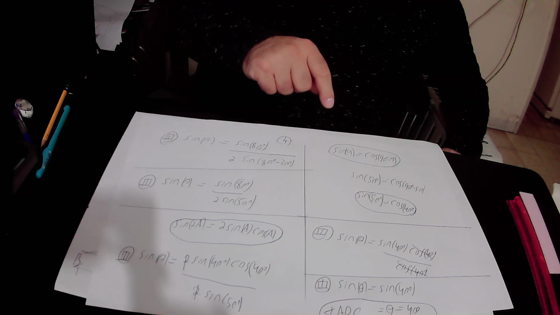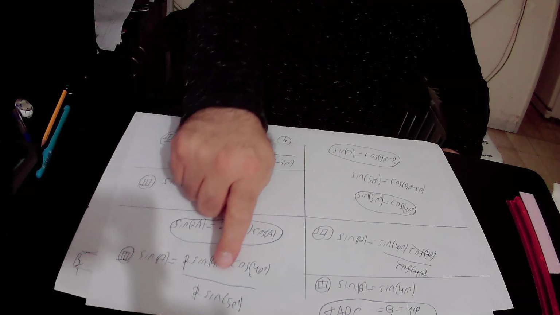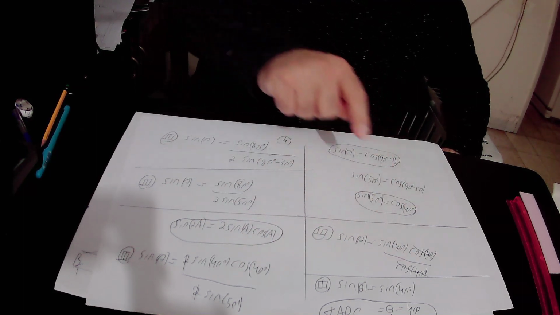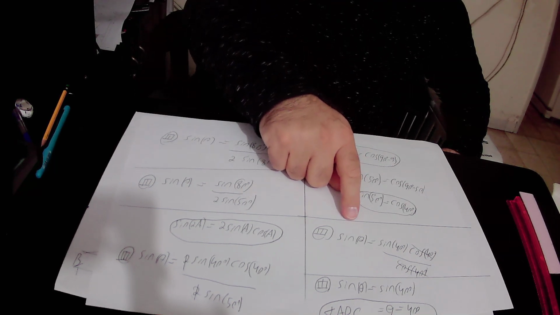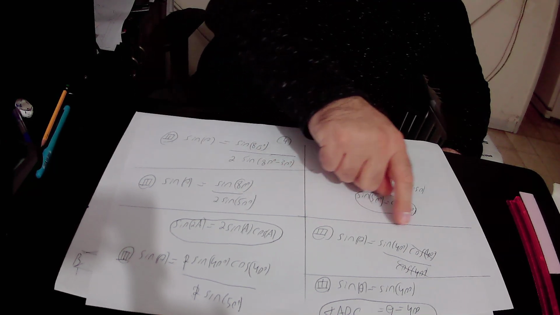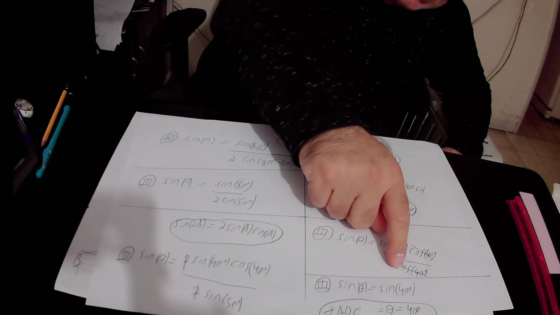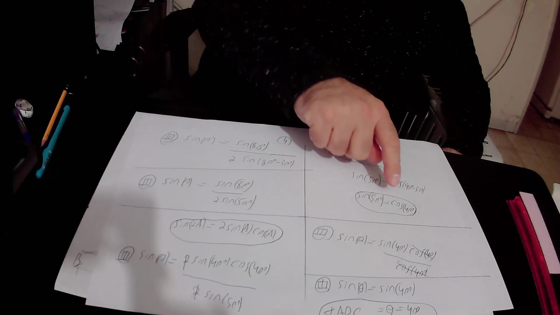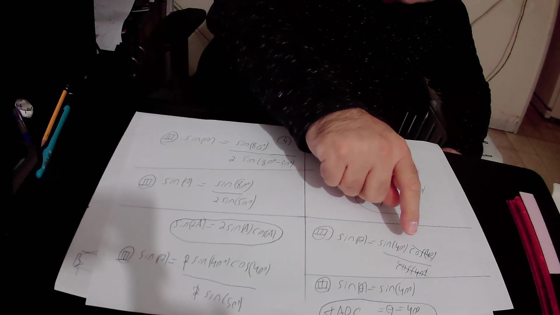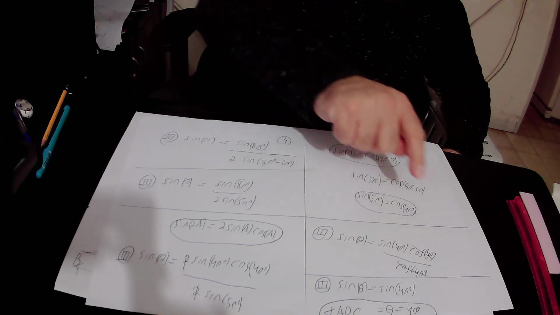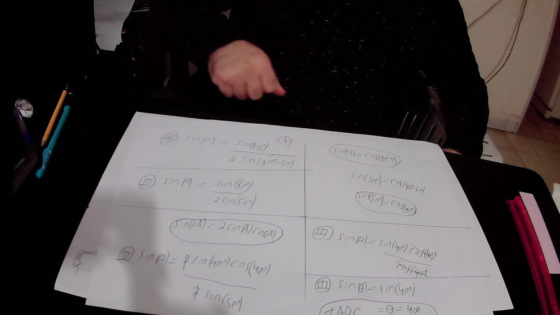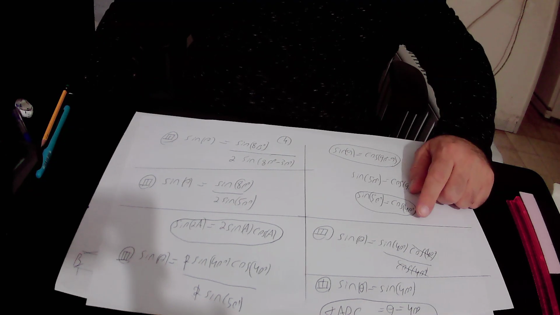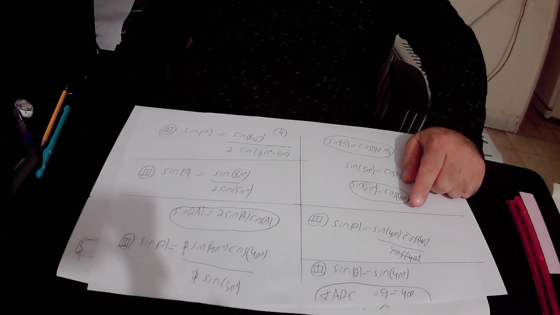So we did it. We substituted sine 50 degrees by cosine 40 degrees, and we got that sine theta equals sine 40 degrees times cosine 40 degrees over cosine 40 degrees. Cosine 40 degrees over cosine 40 degrees is 1, so cosine 40 degrees will get cancelled, and we are left only with sine theta that equals sine 40 degrees.